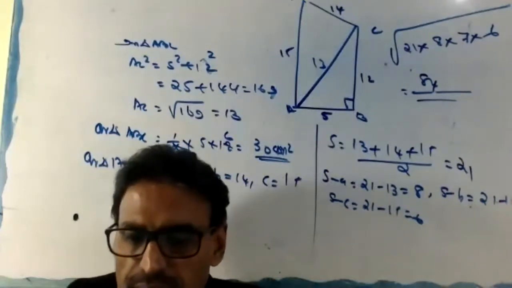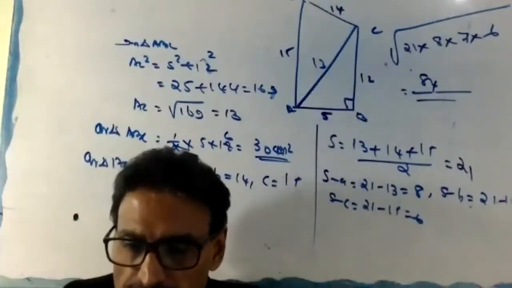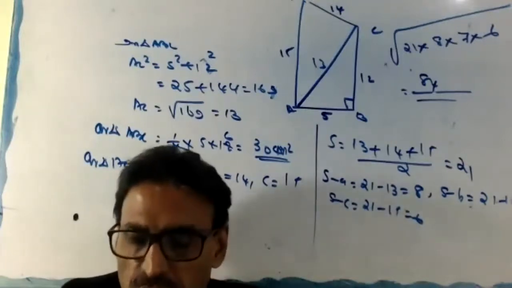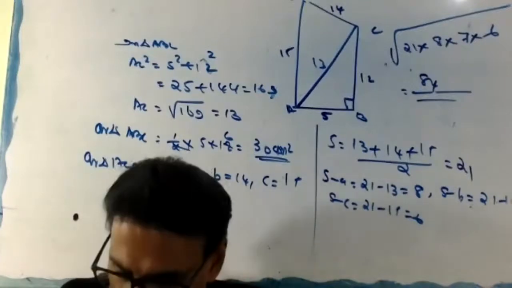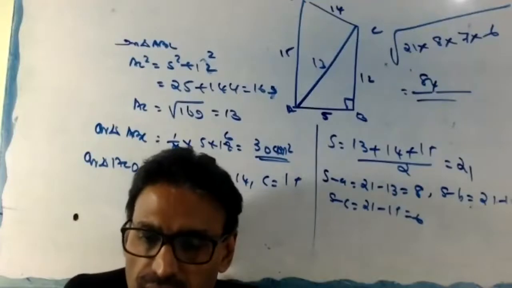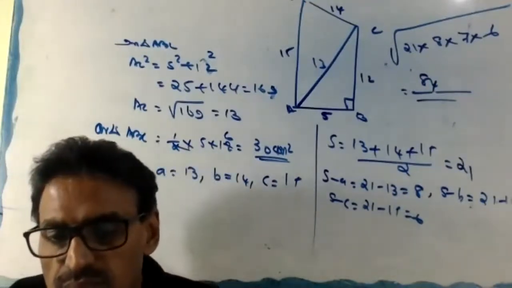Sanjay, first side is 26. Next 27, then 7, then 24. Okay, do it now.